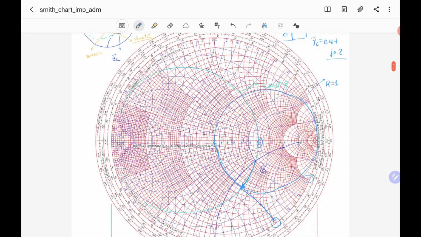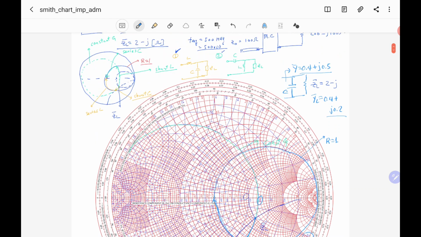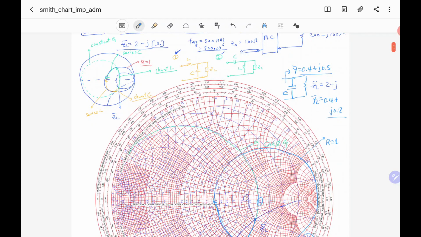We have 0.5 here. So because of this C, let's say this is Y cap. The contribution of Y cap is j0.3, the susceptance.